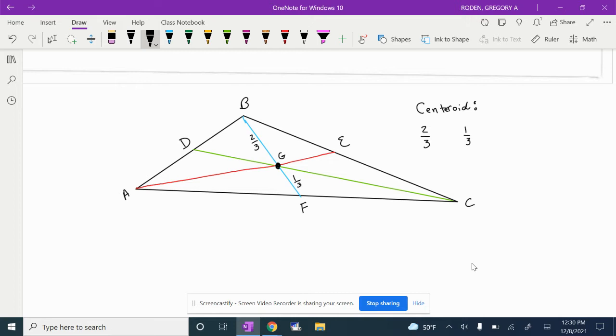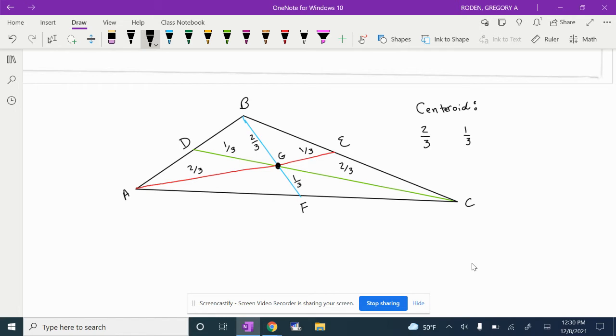So 2/3 here and 1/3 over here. That's the 2/3, 1/3 rule of centroids. Remember that because you're going to need to know it for your extra credit activity.